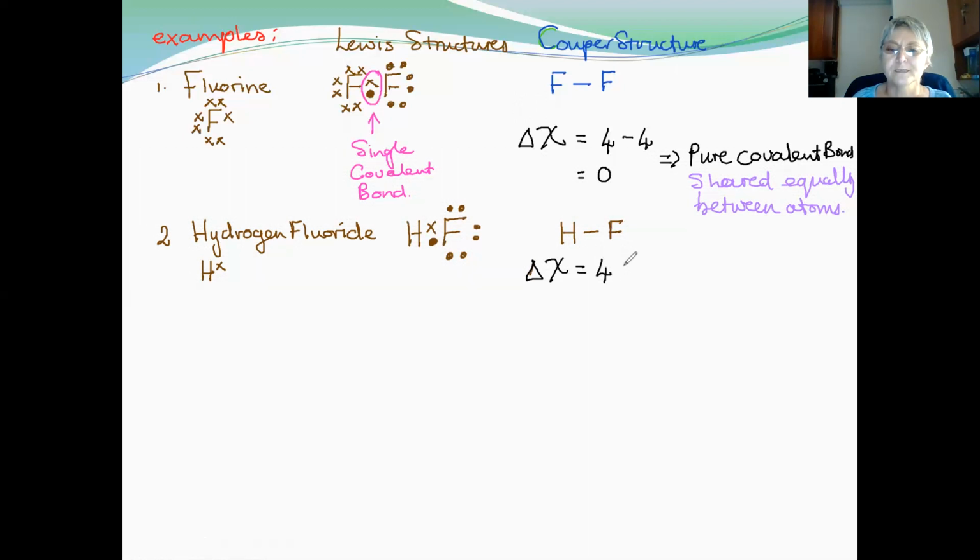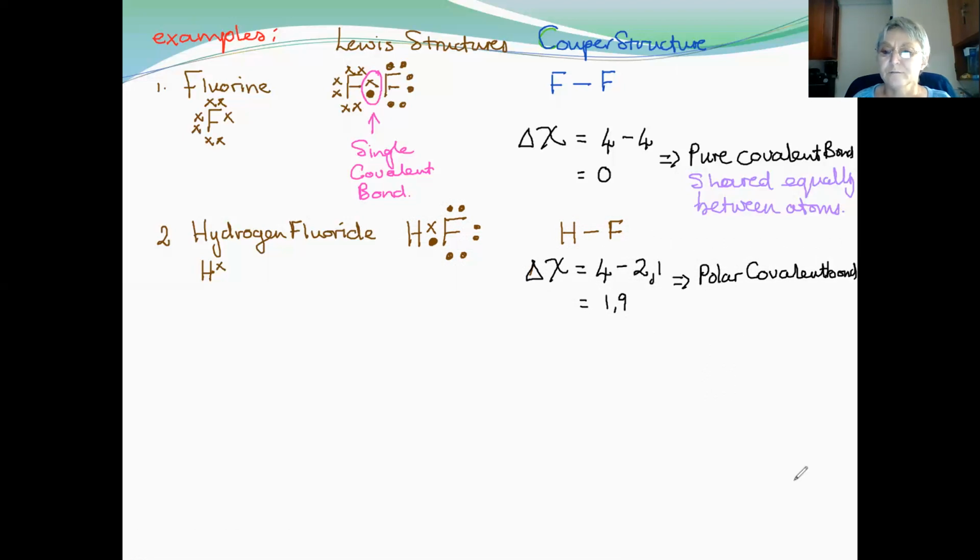You always take the bigger number and you subtract the smaller number from it. Hydrogen's electronegativity is 2.1. So the difference is 1.9. What is the meaning of all this? The meaning of this is that it is a polar covalent bond.